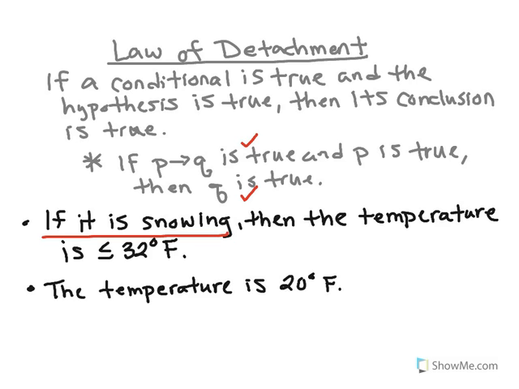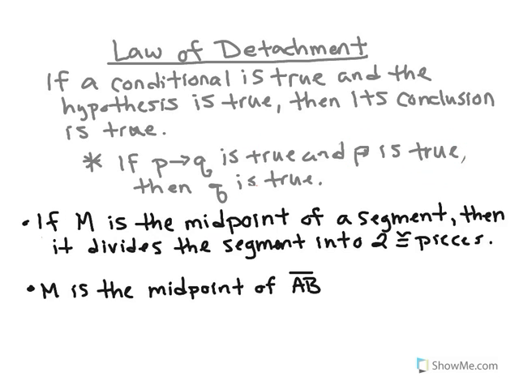But if that part is not shown to be true, if this part is neglected, then I can't draw a conclusion at all. So my conclusion here is that there is no conclusion. I cannot determine whether it's snowing or not. Just because it's 20 degrees outside doesn't mean that there's snow falling from the sky. Let's take a look at another example.